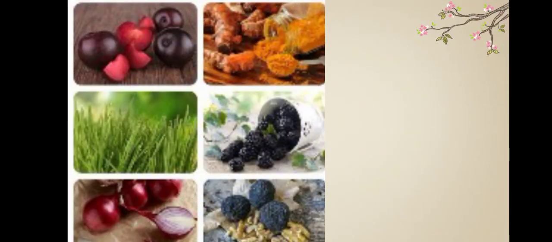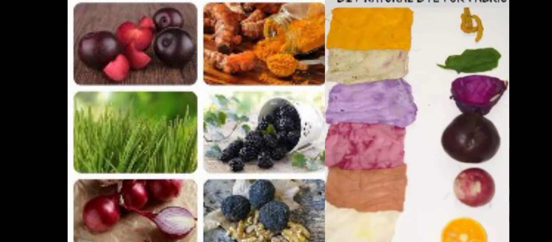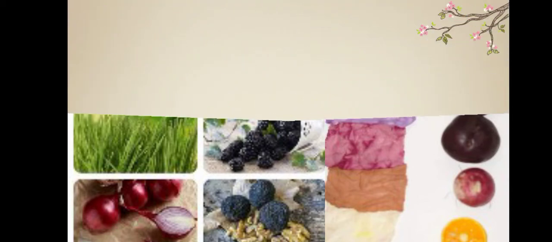From the leaves, from the fruits, some of the fruits are also used to get color. As I told you, the onion is also used to color the cloth. Turmeric is also used.